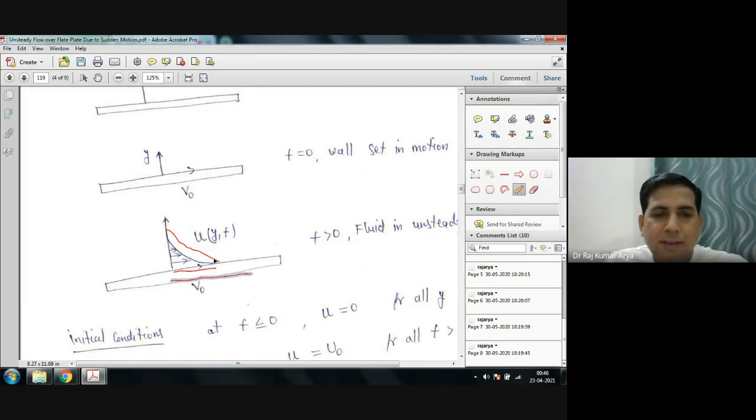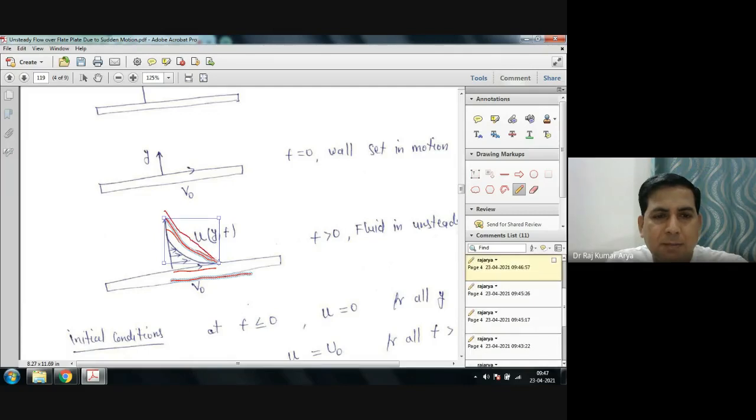The profile would always be something like that, and it will keep on moving like this. This is maybe another time, maybe another time further, and maybe after that it may reach another velocity, something like that.